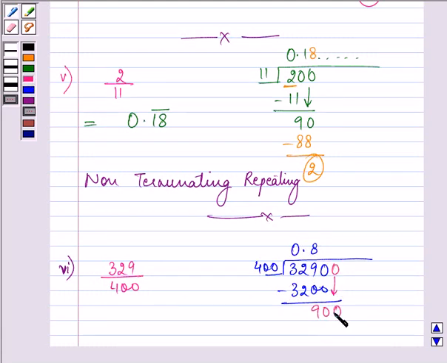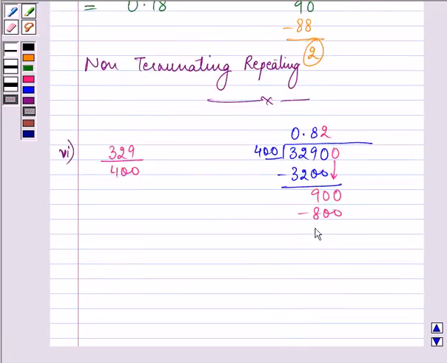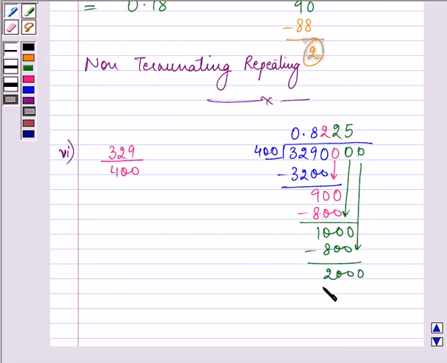Dropping down 0 from above, multiplying 400 by 2, we have 800. So we are left with remainder 100. Again, dropping down 0 from above, we get the remainder as 200. And now, 400 multiplied by 5 will give us 2000, and we have a remainder of 0.